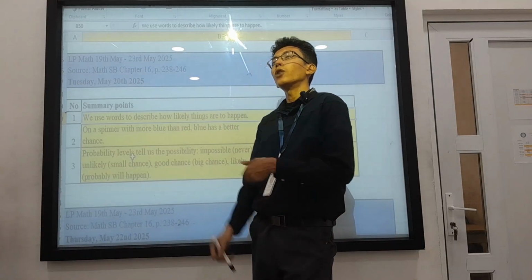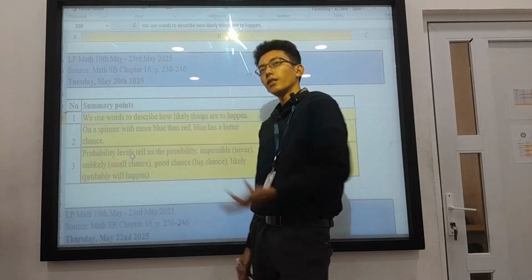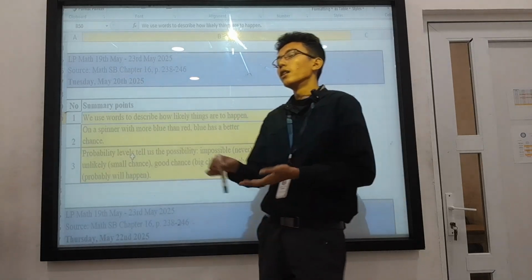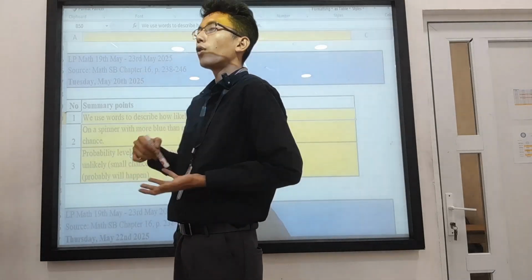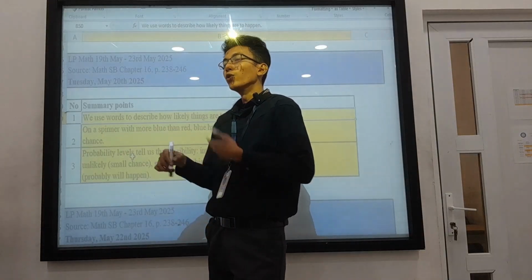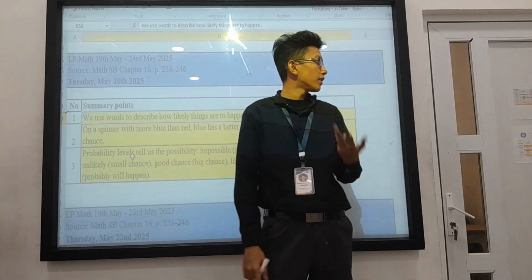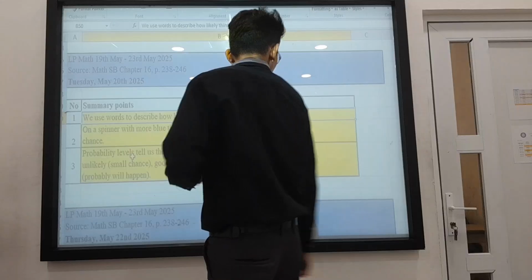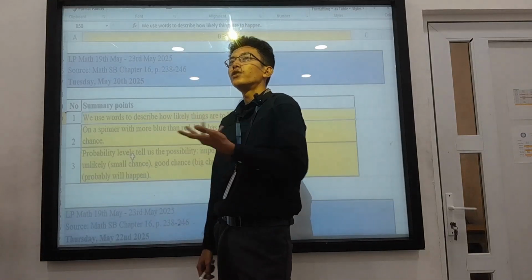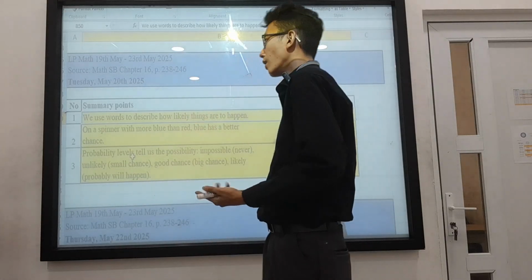Of course, the probability of rain tomorrow will be quite big. Or if you study a lot for math before the math test, of course you have a good chance of getting a good grade.